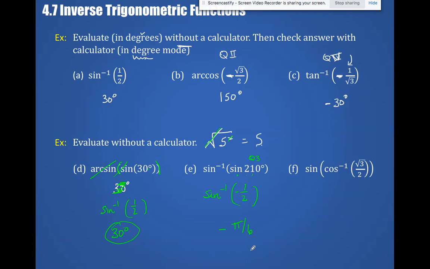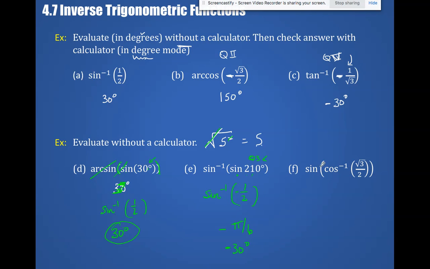So be careful. Since this was in degrees, I should say negative 30, sorry. As you can see, my default mode is radians. And again, no one said I had to use degrees, but they gave the original to me in degrees, so I should give it back to them in degrees.